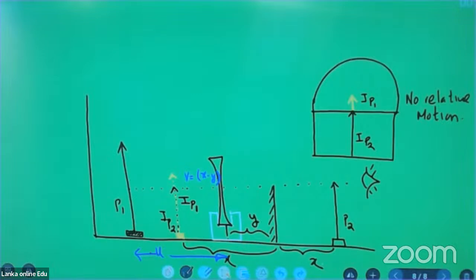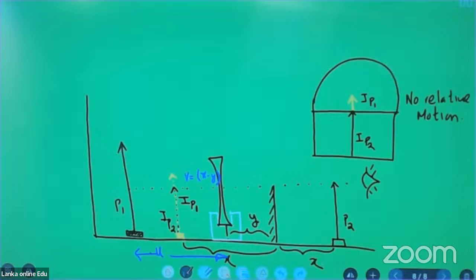Earlier somebody was asking this. I'm sure this is the method you learned. This method also can be done without hanging the pin.